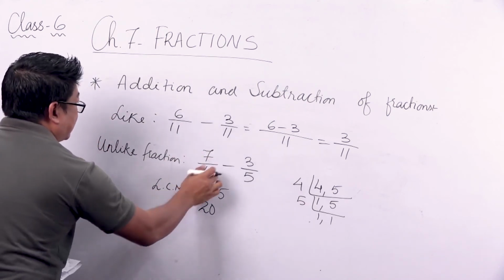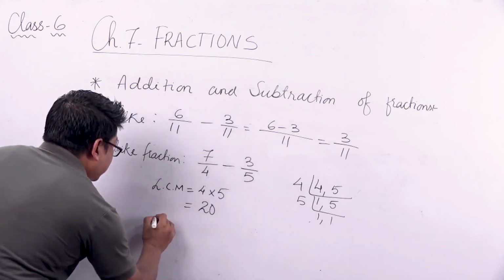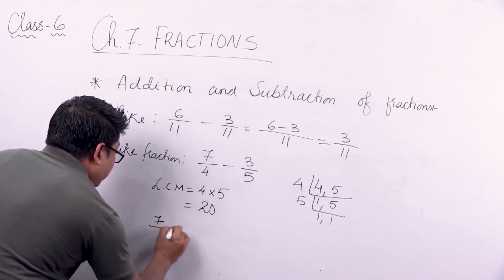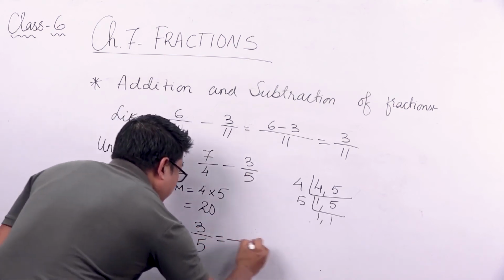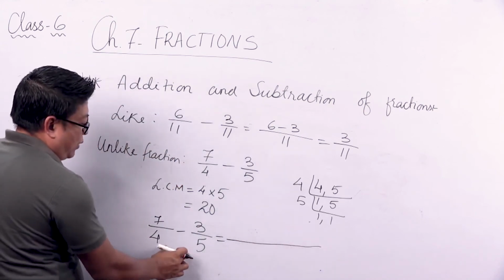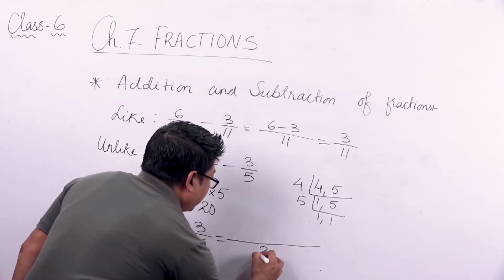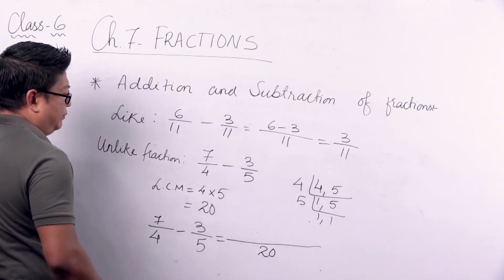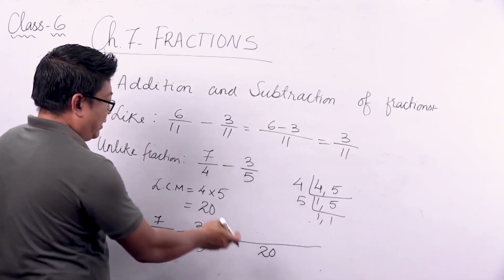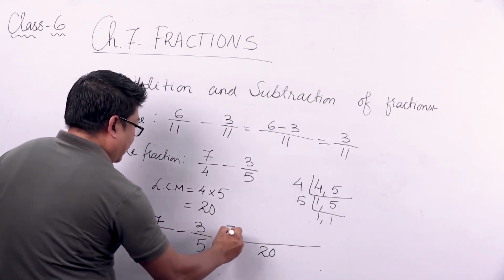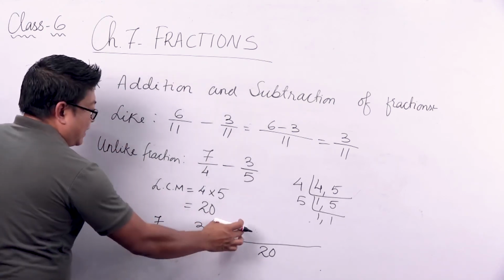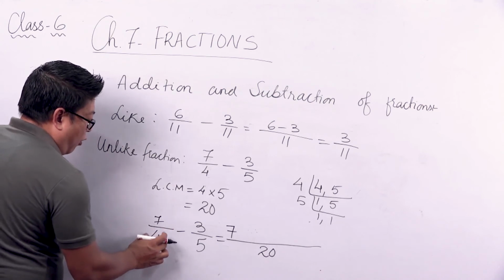Now these two numbers I have to subtract. Now I have got the LCM 20, so for both of them, the common denominator will be 20. And this 7 will come here. Now when you put the 7 here, you have to compare with this 7 by 4.